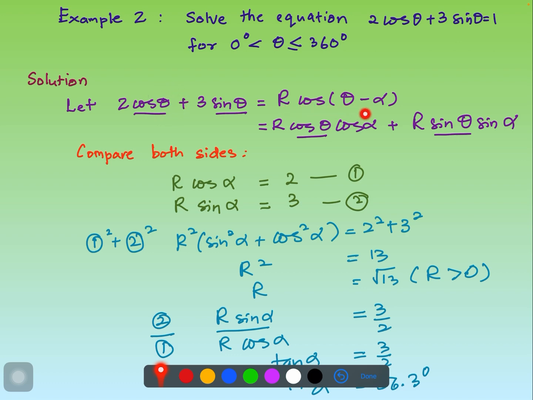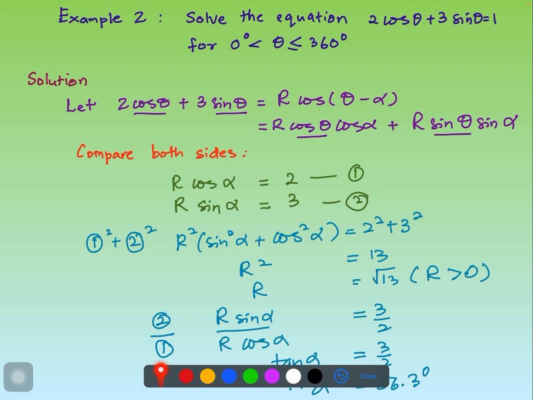Because this is plus, whenever you want to use cos, use the compound angle for cos (A minus B), because afterwards you will get positive here, so that we can compare with the left hand side.